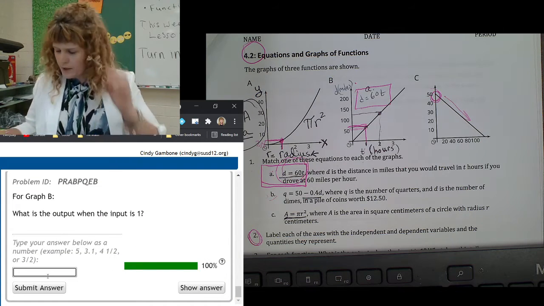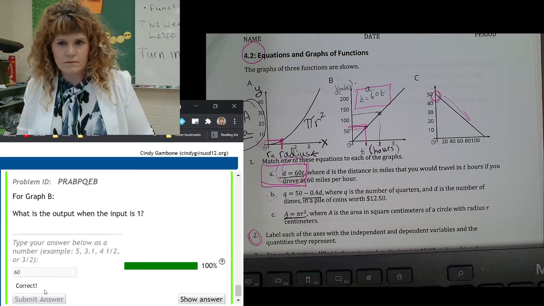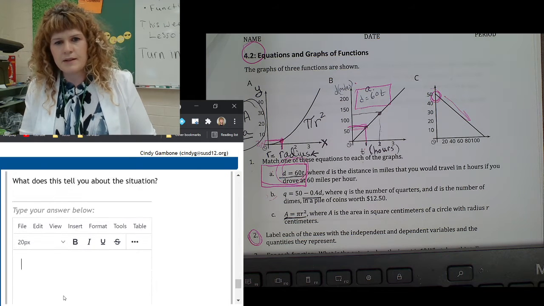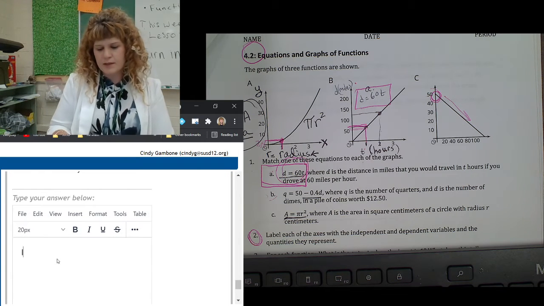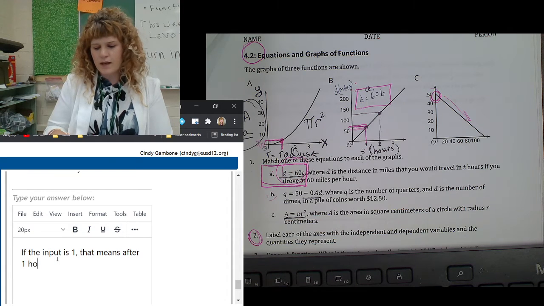Okay, what is the output? 60. What does this tell you about the situation? Okay, if the input is 1, that means after 1 hour, we have driven 60 miles.